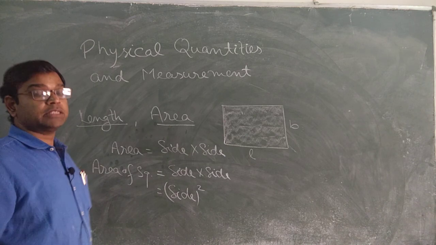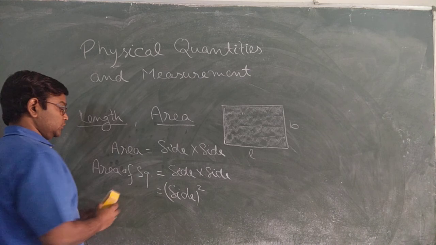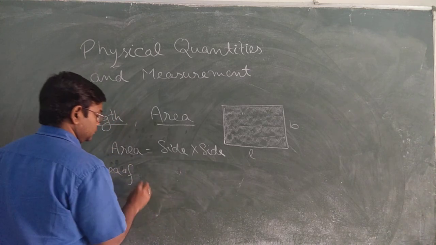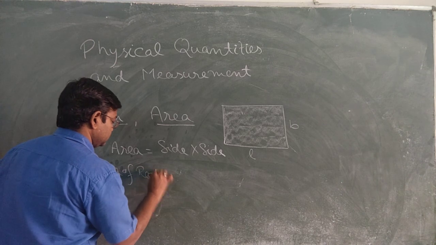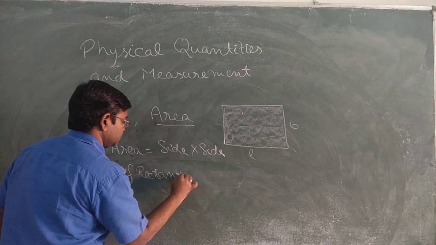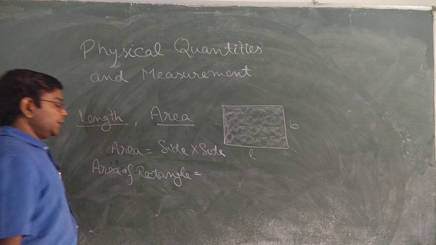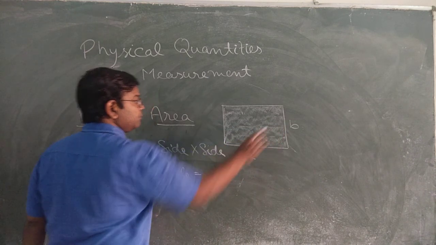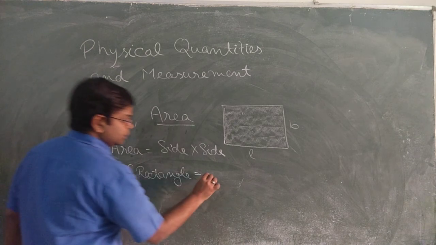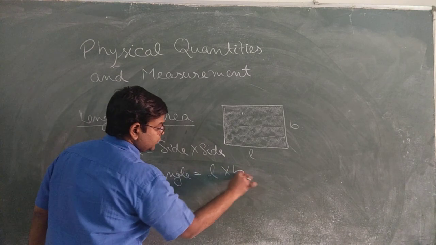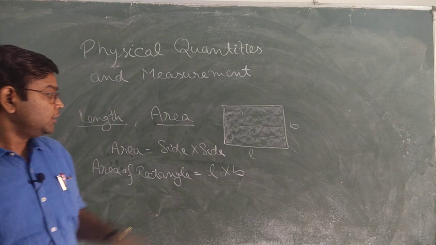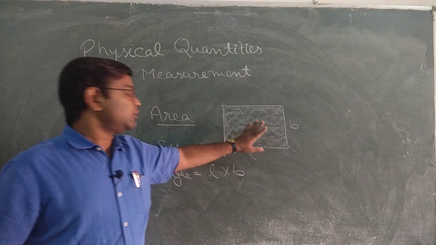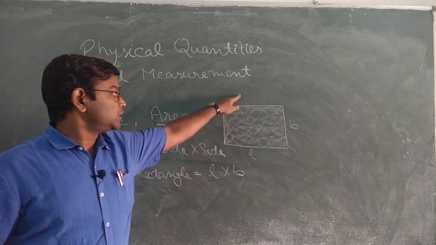But in the case of area of a rectangle, how do we find it? In a rectangle, we have two sides, but their measurements are different. One is known as your length, one is known as your breadth. So we must multiply length into breadth. Here the sides are different; these two are the same, these two are the same.